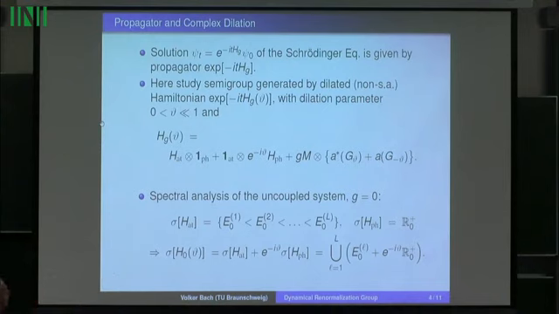Yet H_g of theta defines an analytic family, so all the Hamiltonians are related to one another by forming an analytic family with the original Hamiltonian H_g being the operator for theta equals 0.